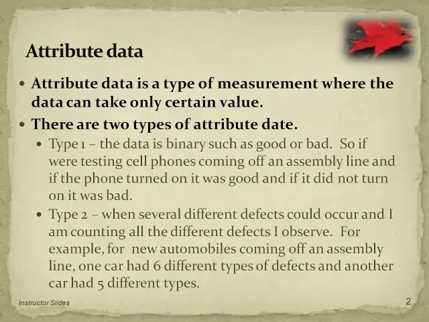An example of attribute data that is binary is if I am measuring a process for an assembly line producing cell phones, and I'm going to do a quick test of cell phones coming off this assembly line.